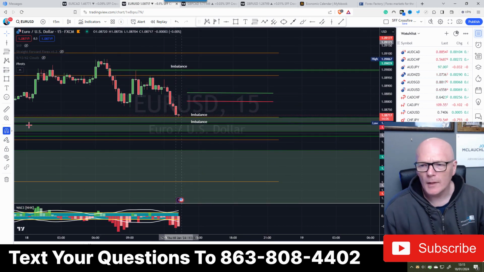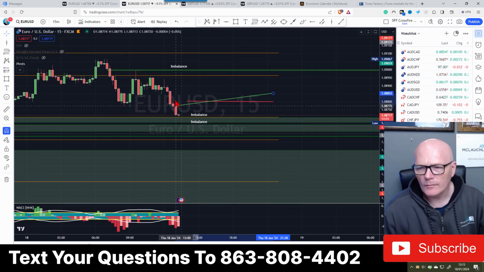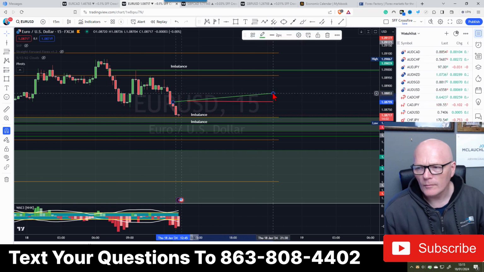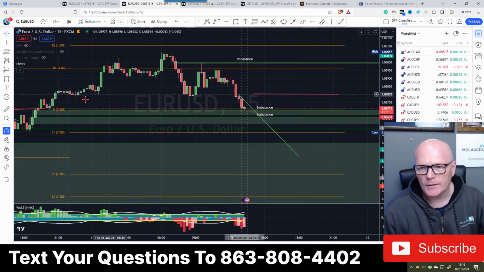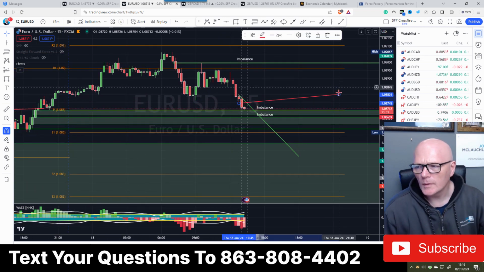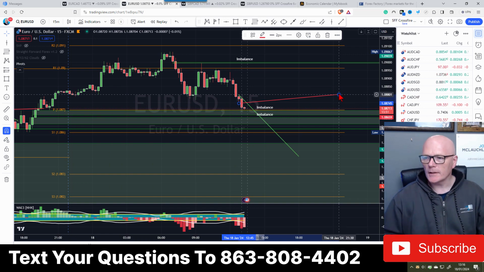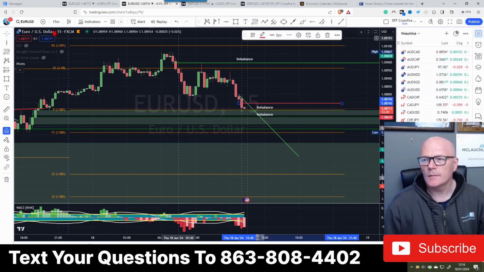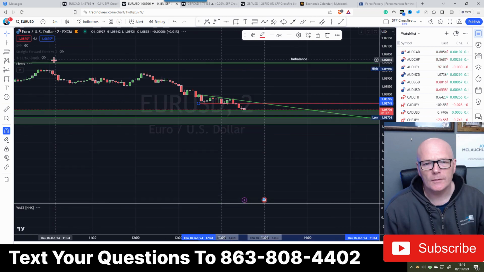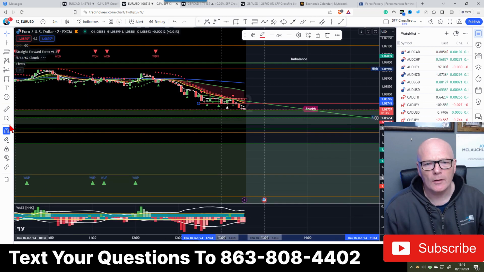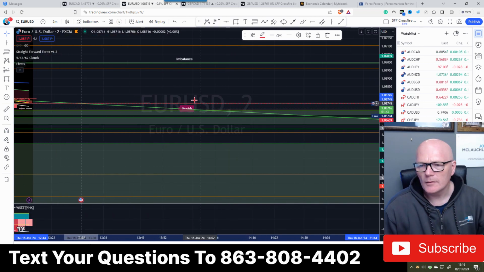So magnet tool on. Now if you look at the start of the session, there is no lower low, so we put this one horizontal. So click your mouse, hold shift, and it goes. That's it. 2 minutes, indicators back on, magnet tool off, zoom in so we can see.